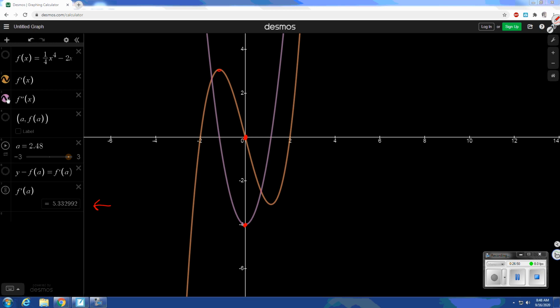We also see that where we had max and min on f prime, we had zeros on f double prime, exactly as we predicted. We see where f prime is increasing, f double prime is above 0, where f prime is decreasing in this middle section, we see that f double prime is below 0. So all the defining properties that we need have been identified to successfully graph a derivative of a function.